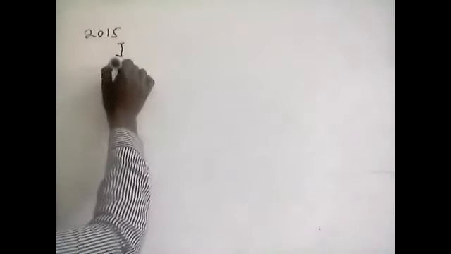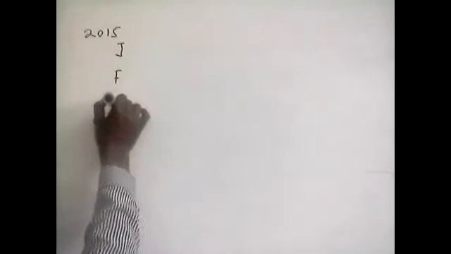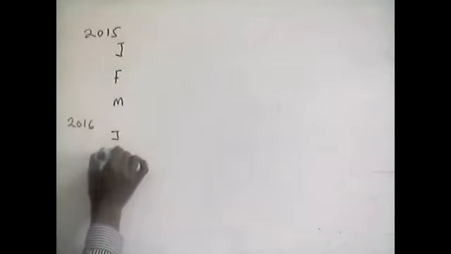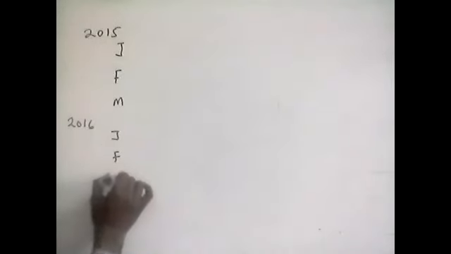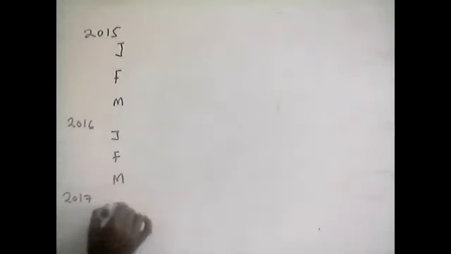So what you do is leave a gap, leave a space in between. It's very, very important. January, February, and March. Then you come to 2016, January, February, and March. 2017, January, February, and March.